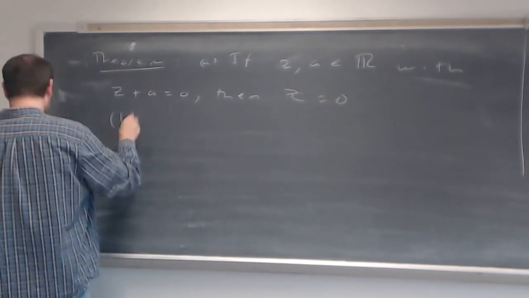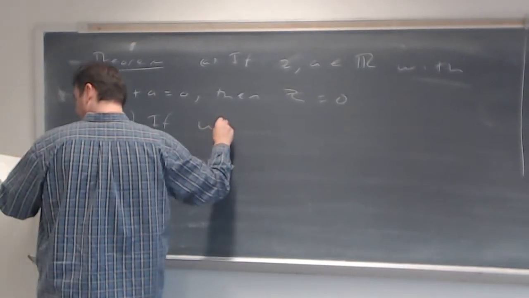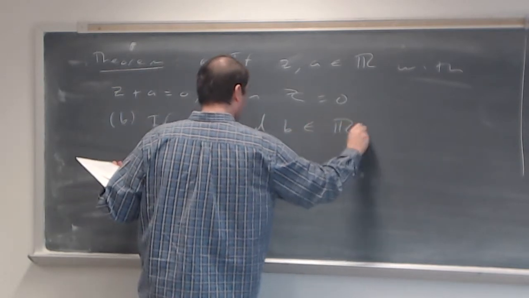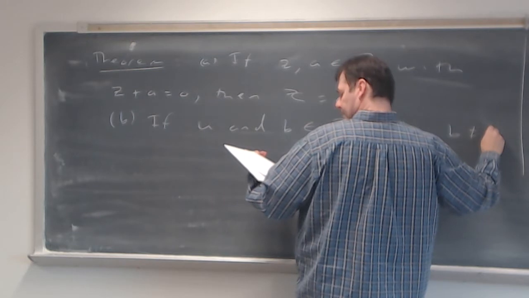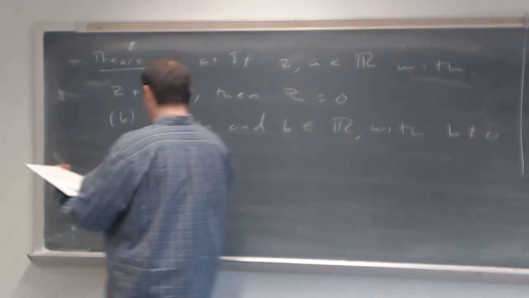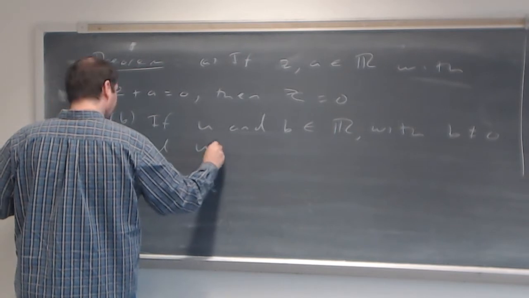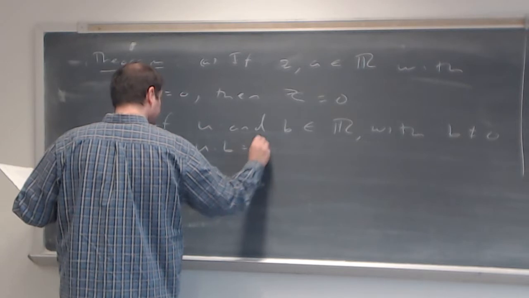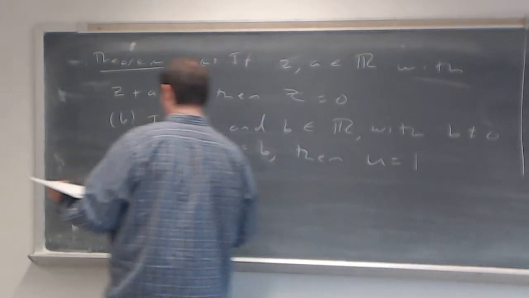Part B, if U and B are elements of R, with B being different than 0, and U times B is equal to B, then U had to be equal to 1.